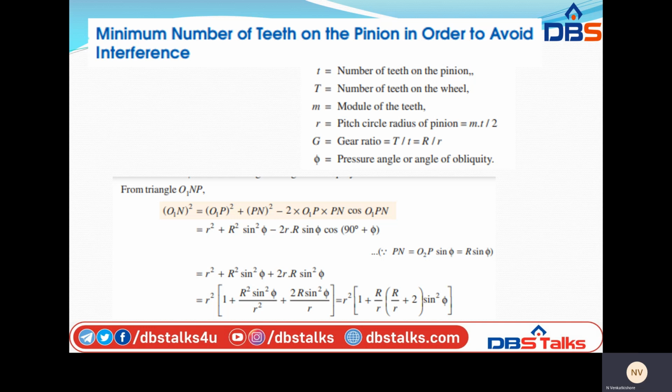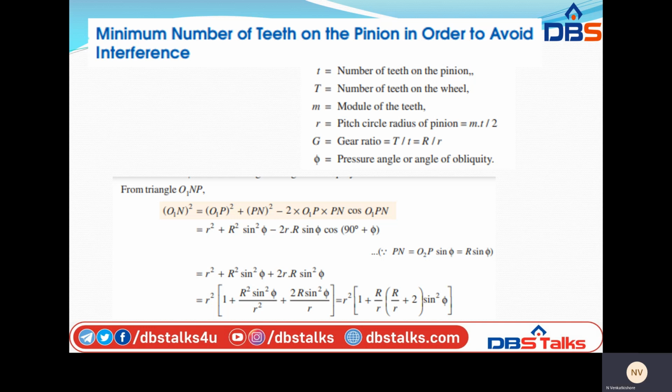So here we need to maintain the mating. That means there is a common tangent for the base circles of the two gears, one is driving and the other one is driven. With that there may be a contact creating the tangent point, or point of tangency.